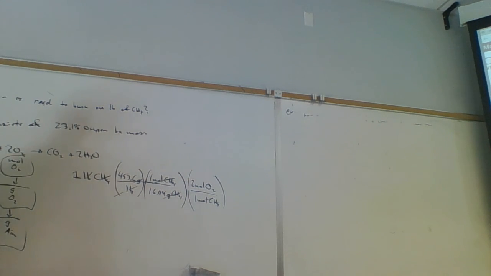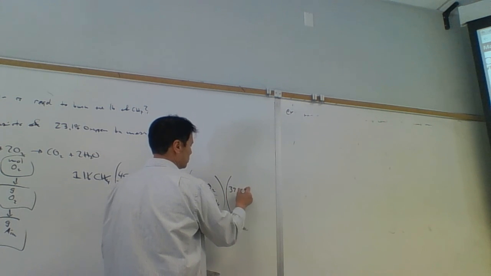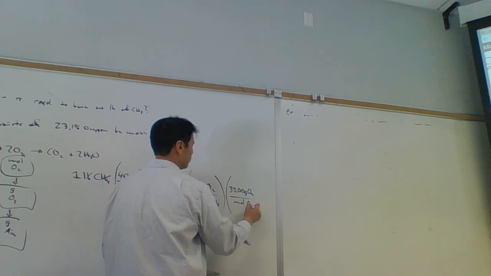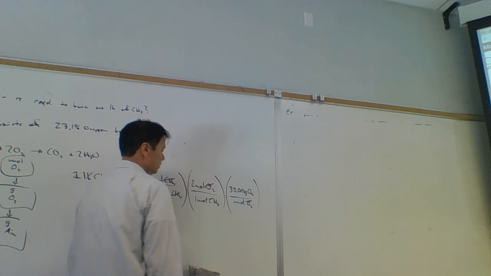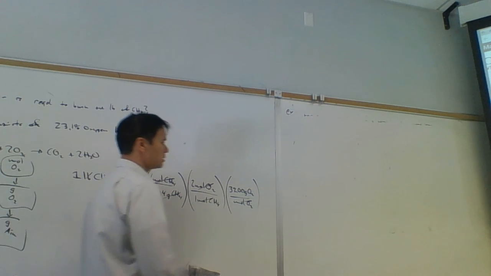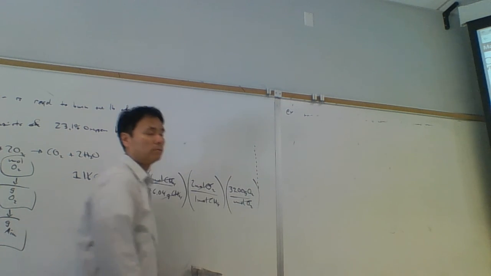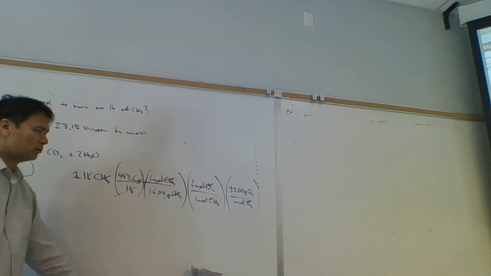And then from moles of O2, we'll go to grams of O2. There are 32.00 grams of O2 for every mole of O2. So moles of O2 canceled. That leaves us with grams of O2. If we have pure oxygen, let's say we went out, rather than using air, air is free. What if we went out and bought a bottle of oxygen?